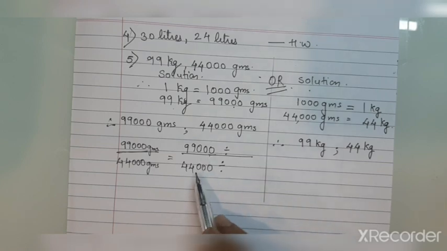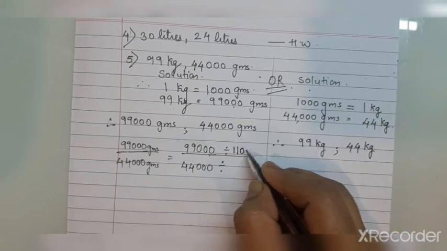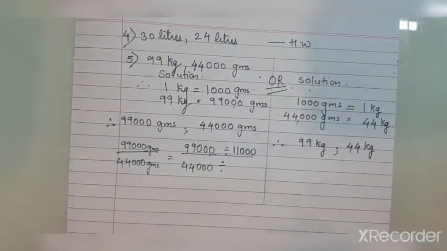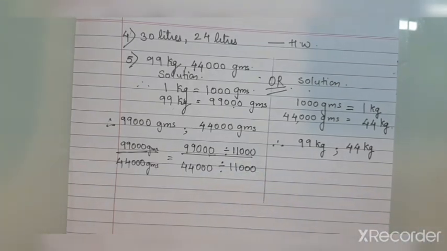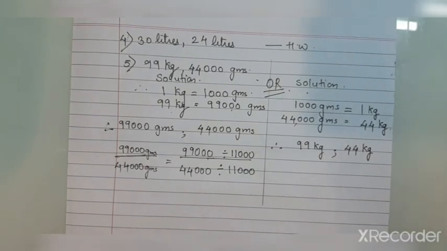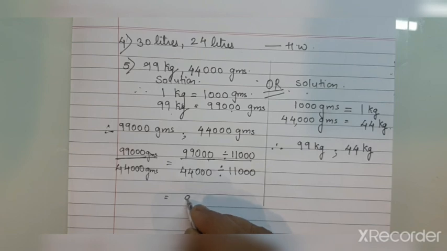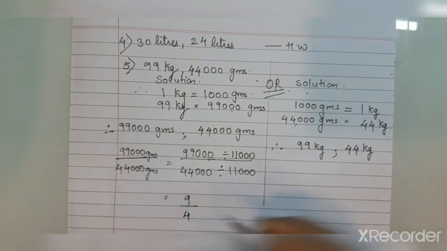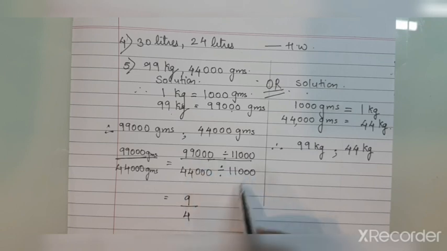And these are the 3 zeros, so we can divide them by 11 with these 3 zeros. So what is the answer here? We get 9s and 4s. 11,000 9s are 99,000, and 11,000 4s are 44,000.